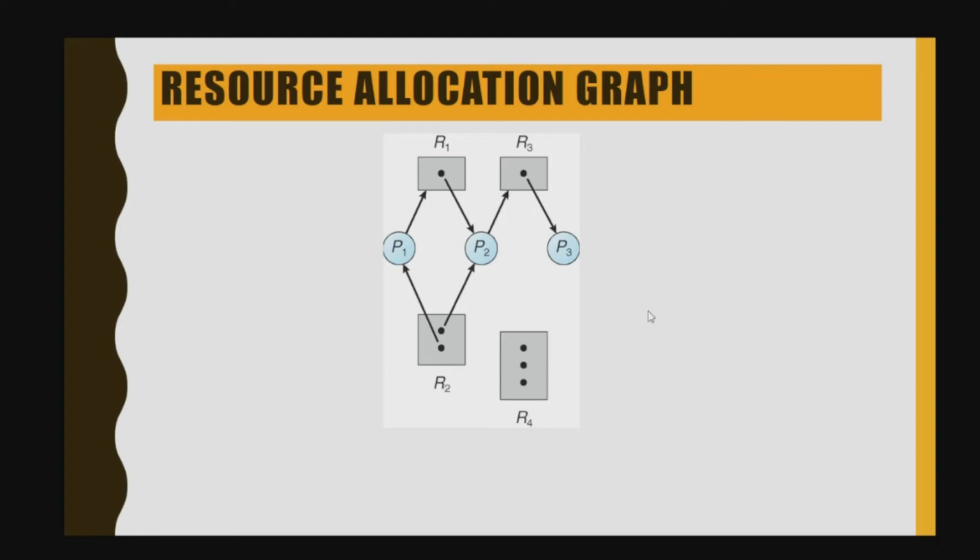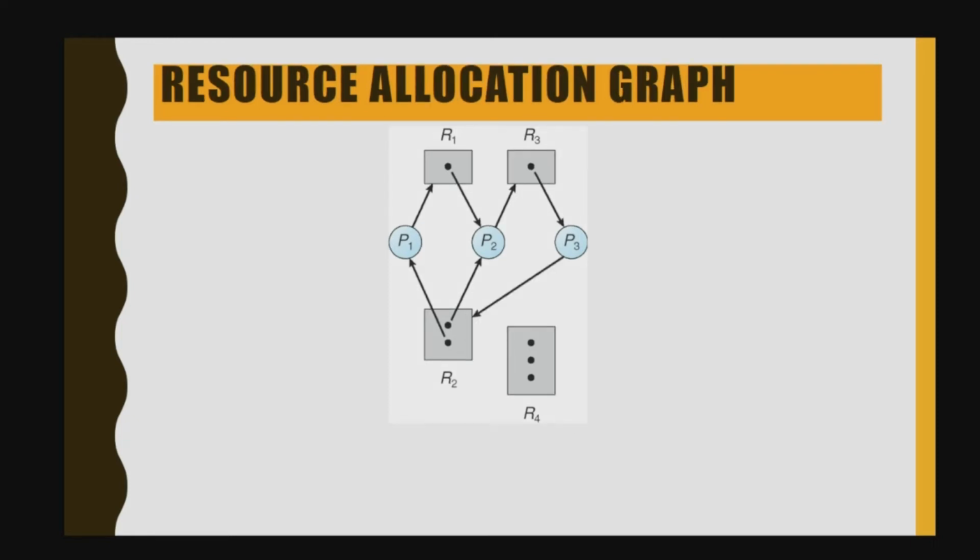If you look at this graph, there is no cycle. So this is okay, the resource allocation is fine, because there is no circle where processes wait for resources and must wait again for another. That means the resources are enough for the processes.